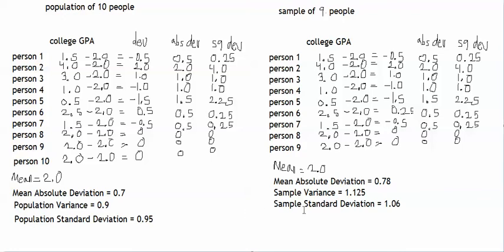Meaning, if you took a lot of different samples from the same population and calculated these values with each of those samples, there would be a tendency for more of those samples to underestimate the values for the entire population, and fewer of them to overestimate. So it helps correct for this tendency for samples to underestimate the population variance and population standard deviation.